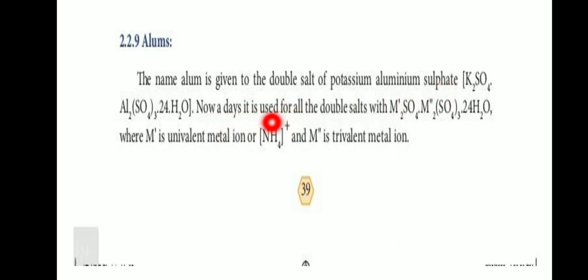Nowadays the name is used for all double salts with the general formula M(I)2SO4·M(III)2(SO4)3·24H2O, when M(I) is a univalent metal ion such as NH4+ and M(III) is a trivalent metal ion.